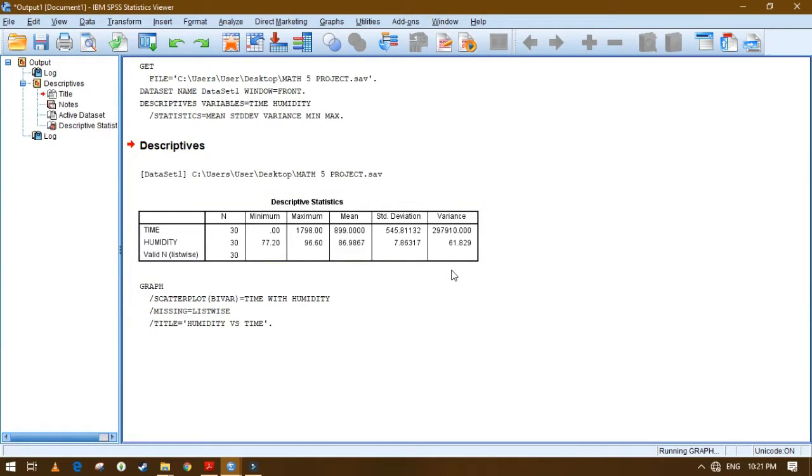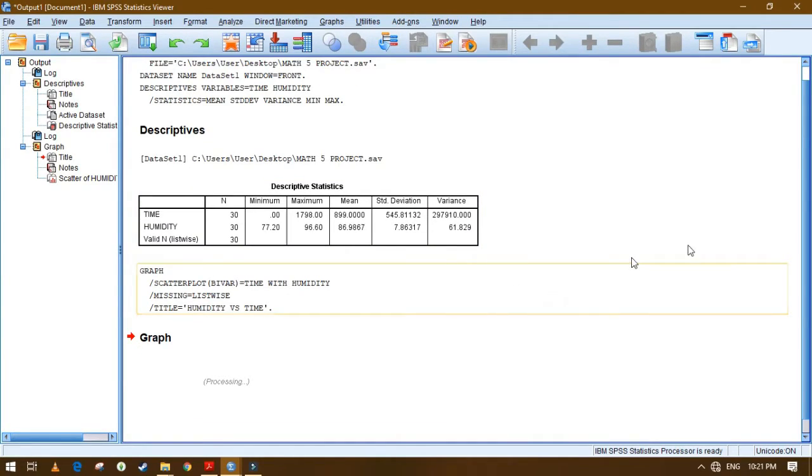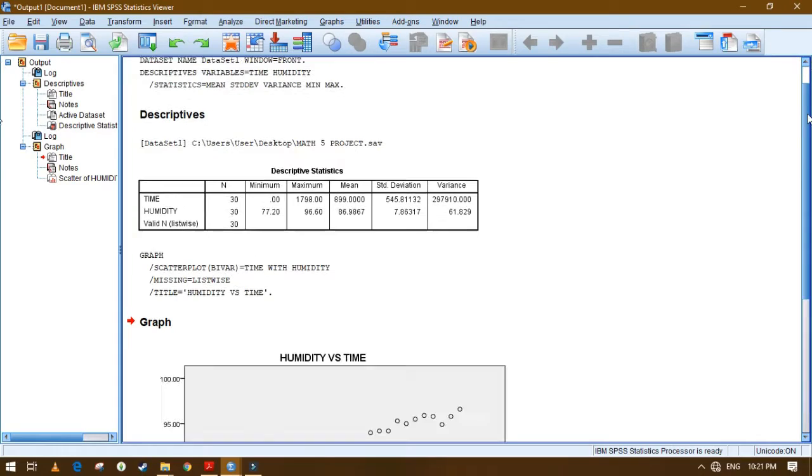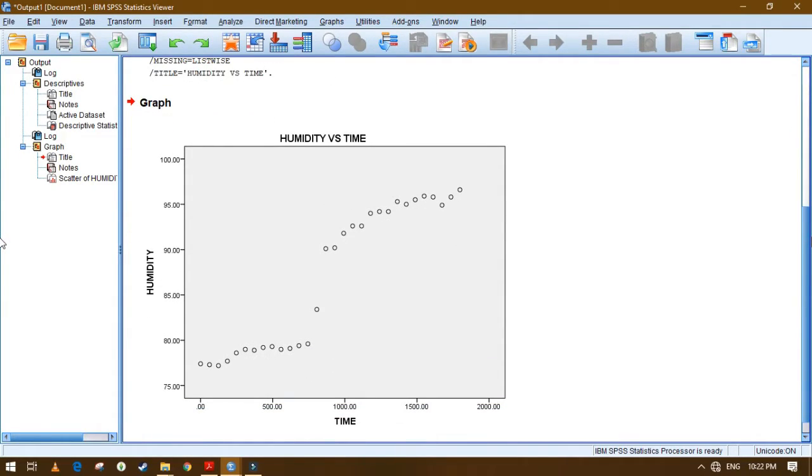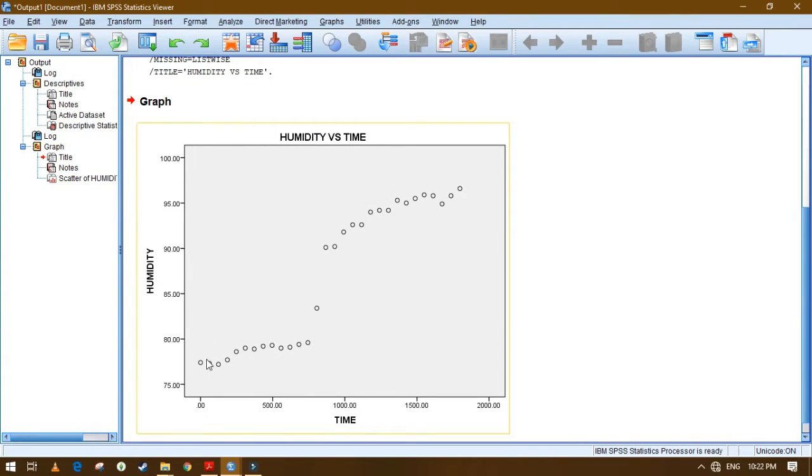So the graph we got here. For this is a scatter diagram. You can see here from the 0 to 2000 time, and for the humidity 75 to 100.